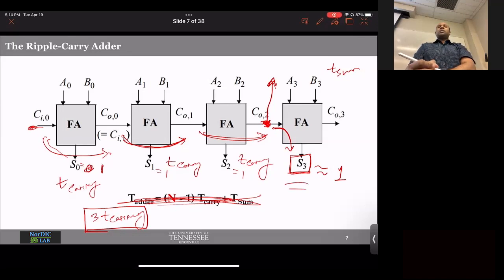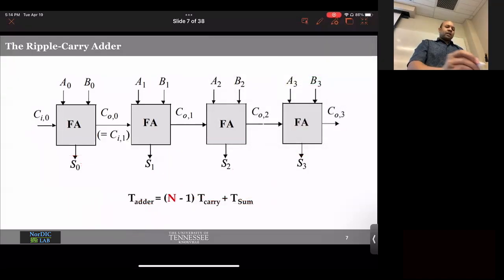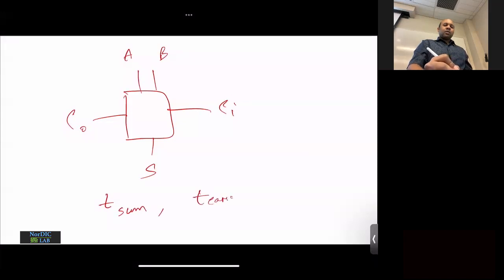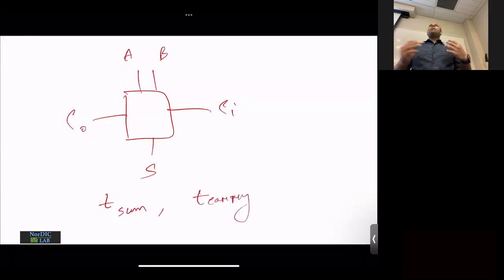Make sense? Let me simplify. Let's characterize a block. Sum, carry output, carry in, A, B. Let's consider that each one of these blocks has 2 delay characteristics: sum delay and carry delay. What does sum delay mean? The amount of time it takes to compute the sum.